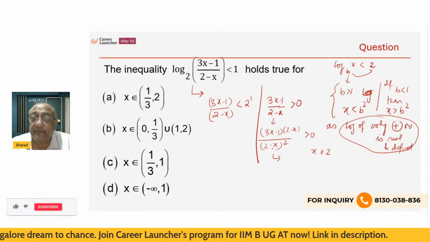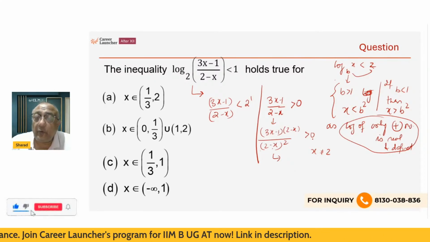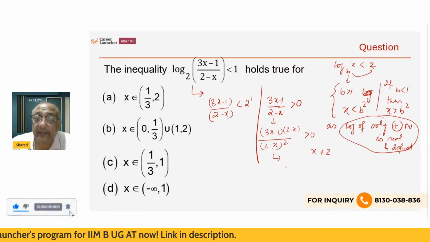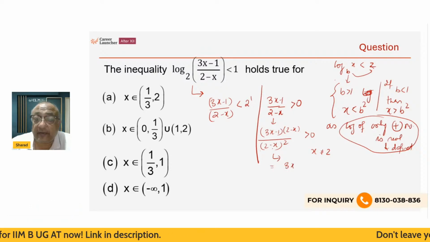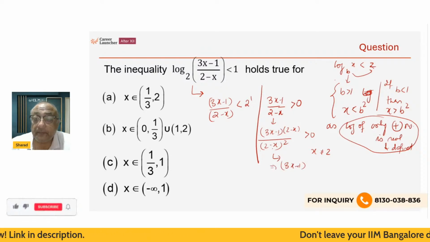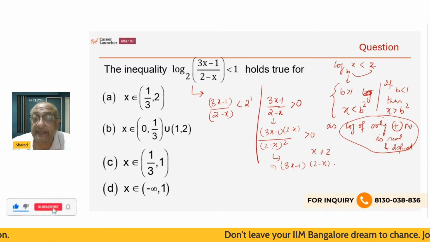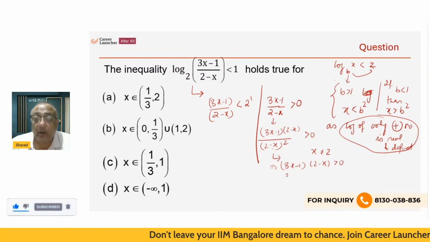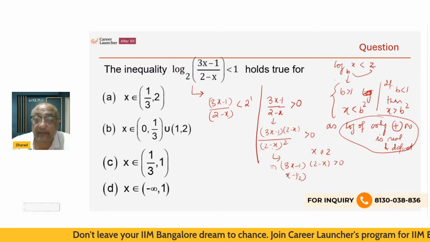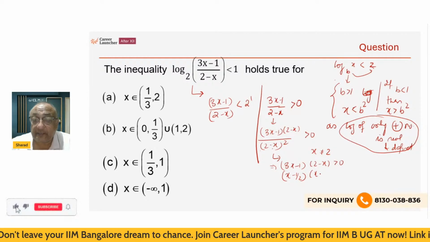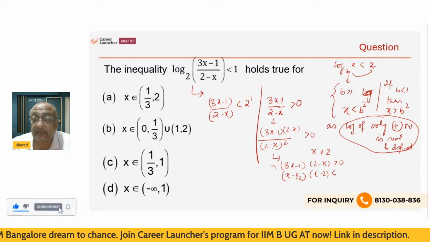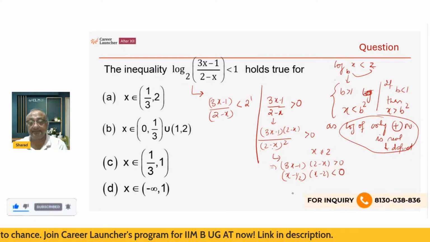If a positive quantity is multiplied, we know by our basic maths that the inequality will not change its sign. So we can write (3x minus 1) into (2 minus x) is greater than 0. Now I will write (x minus 1 by 3), and take common minus 1, (x minus 2), because I have taken minus 1, so greater than 0 will change to less than 0.